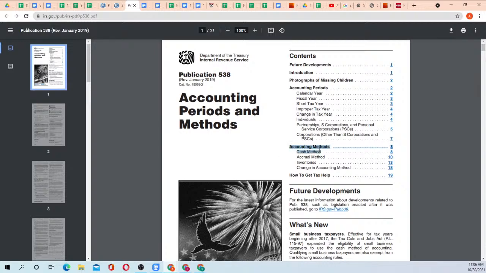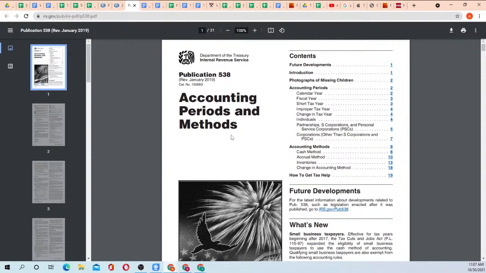And they also provide some coverage for the cash method and accrual method of accounting, as well as some insights about inventories. Inventories is a complicated topic in taxation. So first of all, that is about taxation.